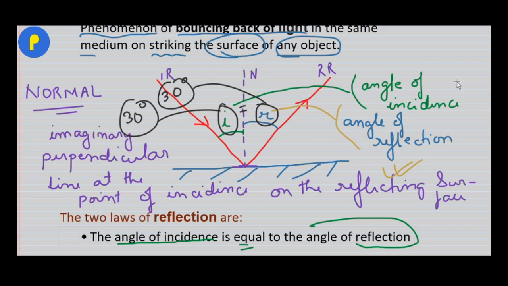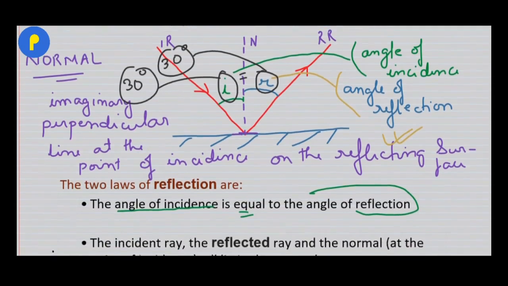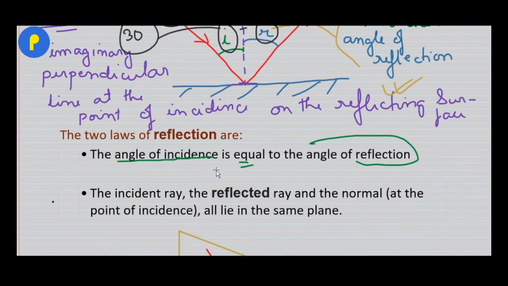Then we shall come to the second point: the incident ray I, the reflected ray R, and the normal that we have seen here, at the point of incidence, all of them lie in the same plane.